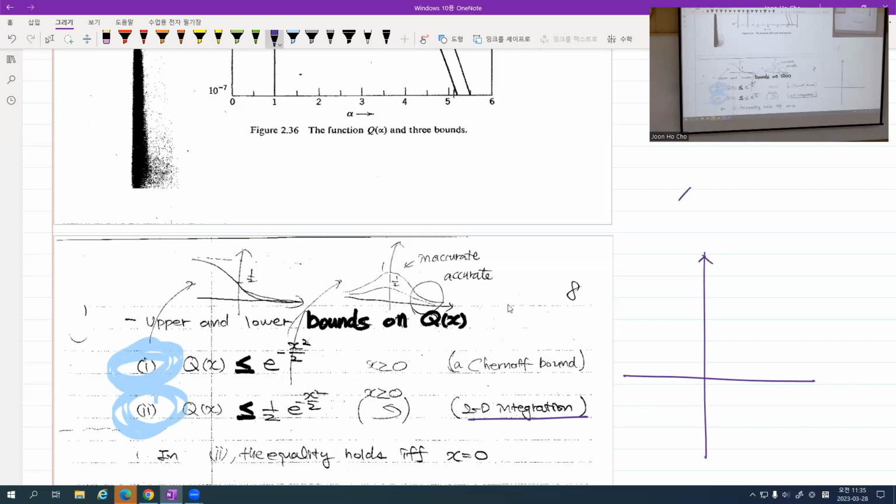Consider X, that is zero mean unit variance Gaussian, and also consider Y, that is also standard Gaussian, and they are independent. Let's say this is X and that is Y. And you consider the joint density of X and Y.